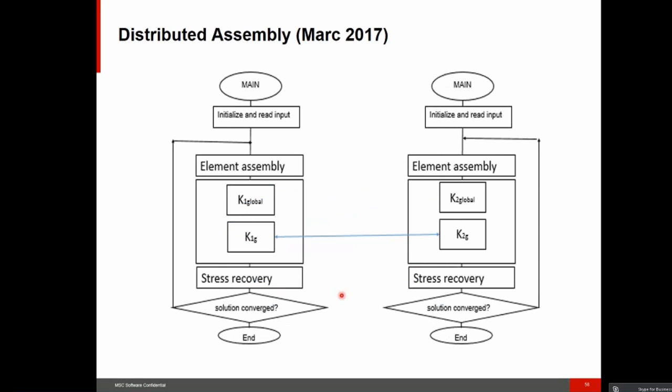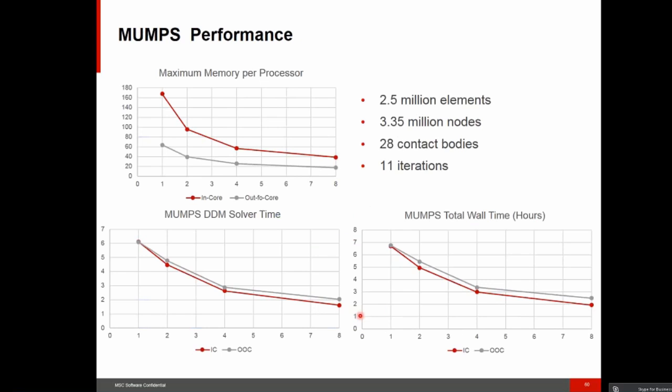With Marc 2017, we form the stiffness matrices on the different domains, but we never form a true global stiffness matrix. We immediately go to the decomposition procedure on each one of the different CPUs. And this is all done using the MUMPS technology.